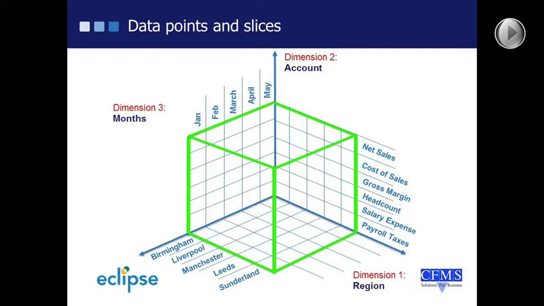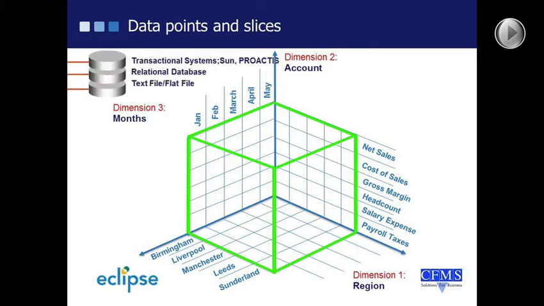In the new cube, all the intersections will be defined by 5 elements, 1 from each of our dimensions. And where we have gross margin Manchester May budget in our 4-dimensional cube, in our 5-dimensional cube, we might have gross margin Manchester May budget 2010, 2011, 2012, 2013, 2014. And so on. I'm not going to carry on. Hopefully you get the idea. By adding more dimensions, you add more ways to sort your data. It's been a very long time since I've seen more than 10 dimensions in a cube.